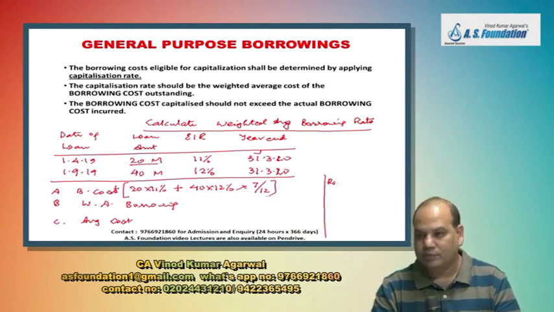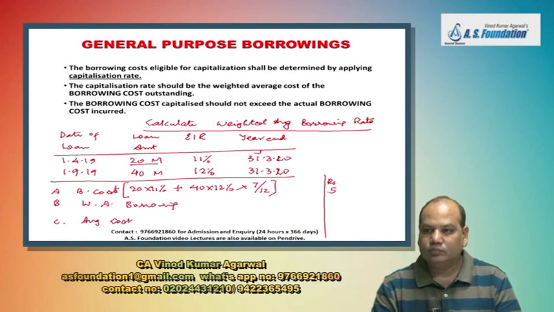Take 7 by 12. 40 into 12% into 7 months divided by 12 months. 12% is per annum. Calculate. Interest, how much is that? Is it 5? 5.